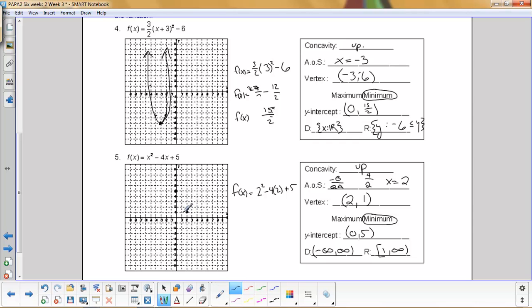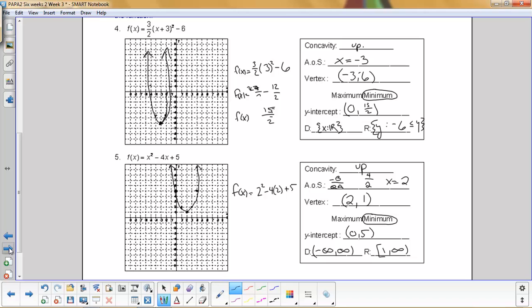So I'm going to go over 1, 2, up 1, 2, 3, 4. Notice that there is no stretch or compression because that is a critical value. So I'm going to fill in the rest of my critical values based on that. Stretch and compression is critical, and that's part of the reason why the y-intercept has been identified.